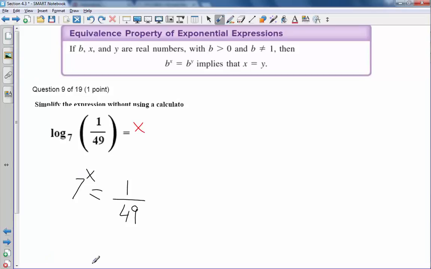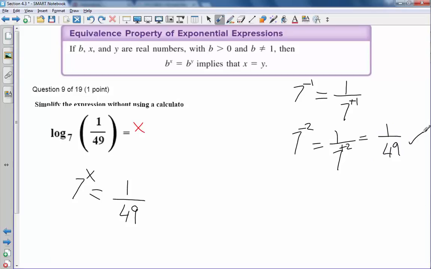But it's not 1 over 49, so I need to go negative powers. I know if 7 raised to the first negative power, it's 1 over 7 raised to the positive power. That's not it. Go try negative 2. And we notice that it's the reciprocal of 7 squared, which is 49, and voila, we got it.